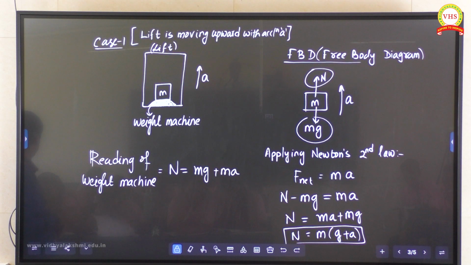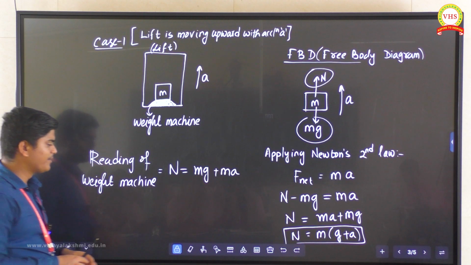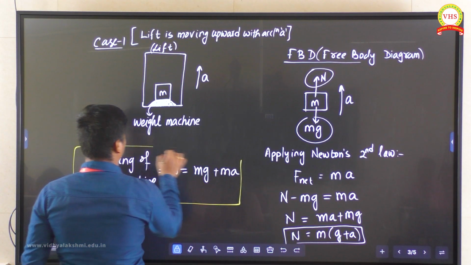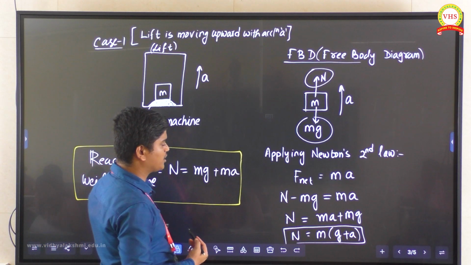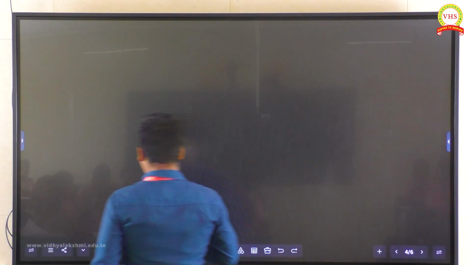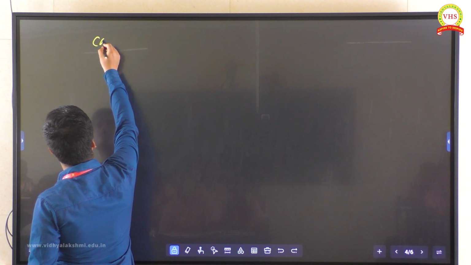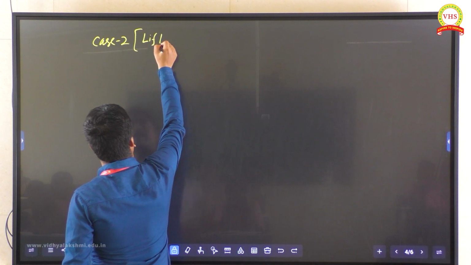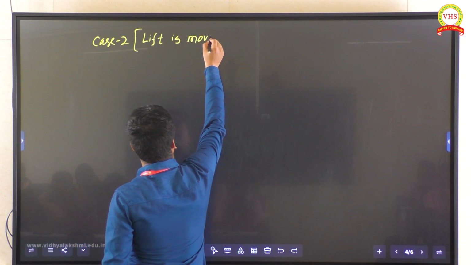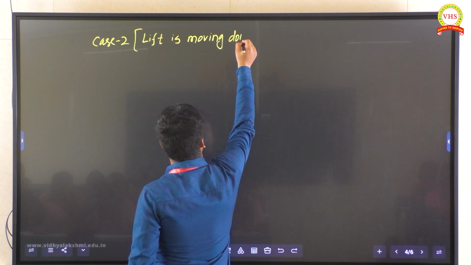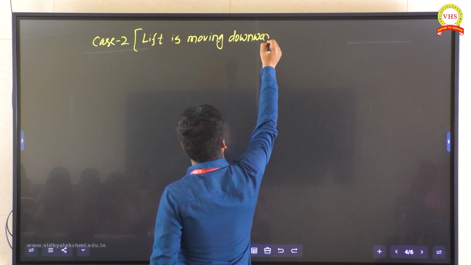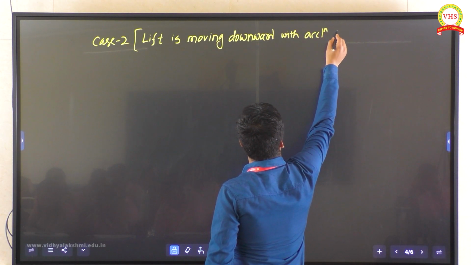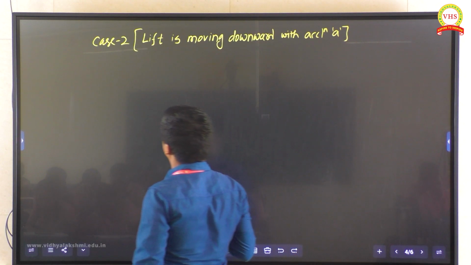Remember this formula for the normal reaction, and if they ask the weight or reading of the weight machine, that is also nothing but N. Case 2: the lift is moving downward with acceleration a.